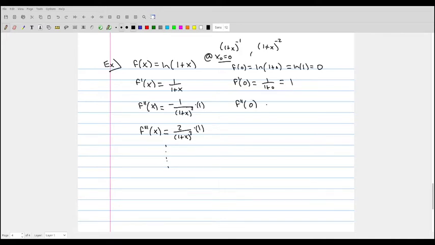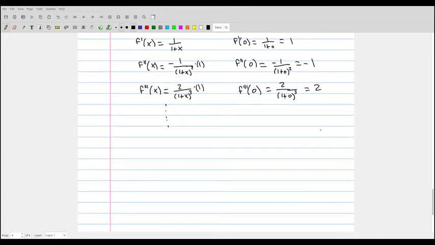F double prime of 0 is going to be -1 over 1 plus 0 squared, which is -1. F triple prime at 0 is going to be 2 over 1 plus 0 cubed, which is 2, and so on and so forth.